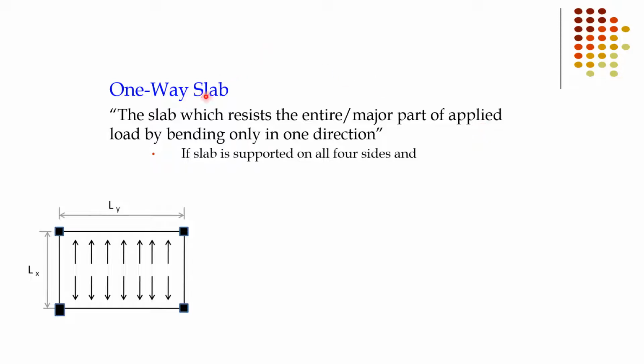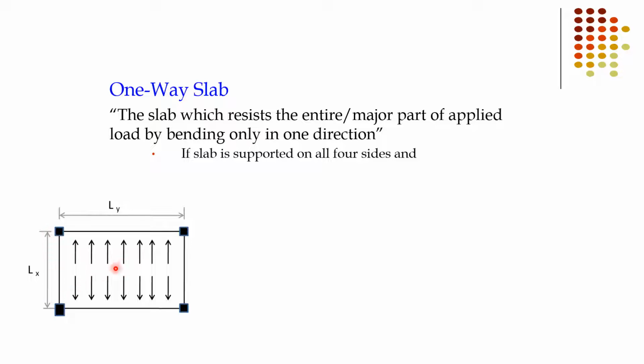One-way slab: the slab which resists the entire or major part of the applied load by bending only in one direction. Here you can see the slab bending only in the one direction due to the large length of the slab on one side and the shorter on the other side.